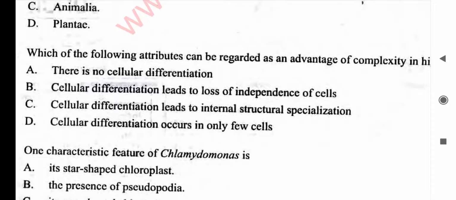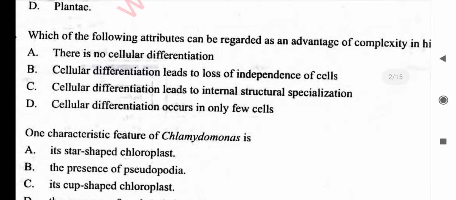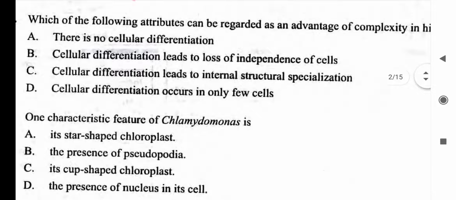Yes, it makes different structures or different organs specialized in organisms, cells to tissue, tissue to organ, organ to system. The cells become specialized. If they are many, they form tissue, and these tissues have a different specialty in different organs of an organism. So therefore, the answer should be C. Cellular differentiation leads to internal structural specialization.